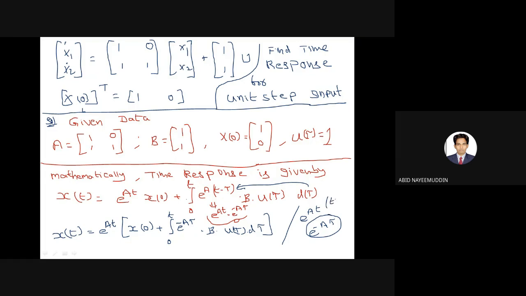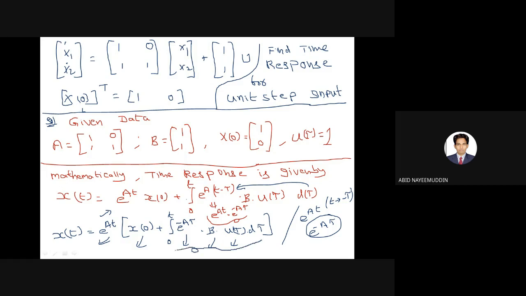In this problem, once you find e power at, x of 0 is given, and e power minus a tau is also found automatically. b is already given, and u of tau he has given as 1. So first I find the e power at value, then directly multiply the obtained e power at value with this expression.